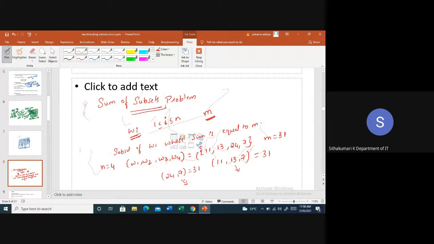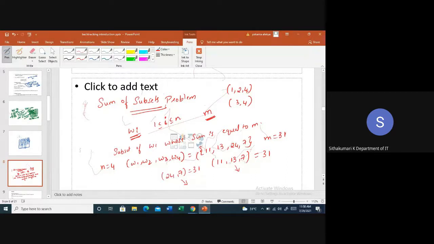Here the two solutions which are described can be represented as 1, 2, 4 and the other one as 3, 4. So these are the two solution vectors.